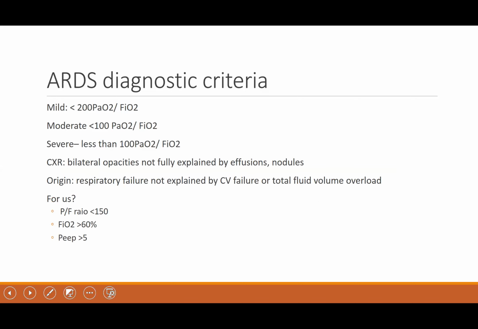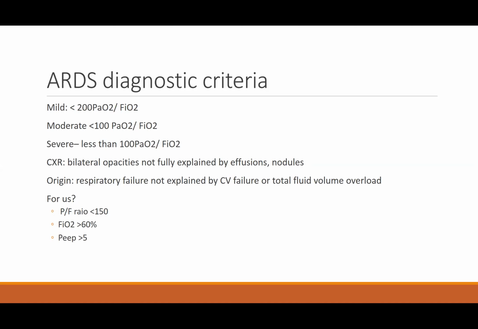All right, so this is just a little bit about ARDS diagnostic criteria, and it kind of breaks down the mild, moderate to severe, needs to have a chest x-ray, and really what we're looking for that differentiates ARDS from other types of respiratory failure that may be kind of fluid related is that ARDS is a respiratory failure that is not explained by CV failure.